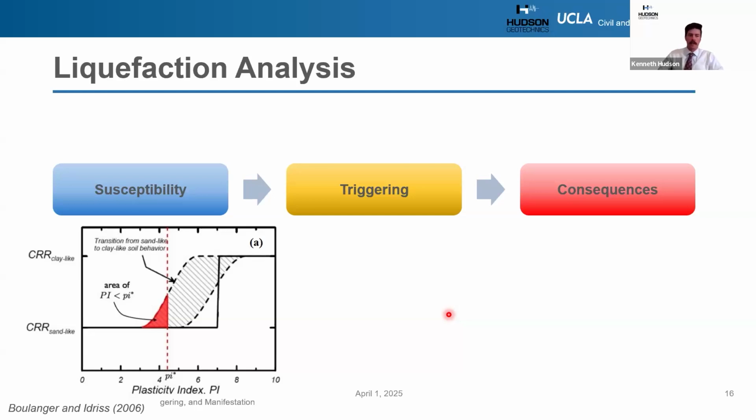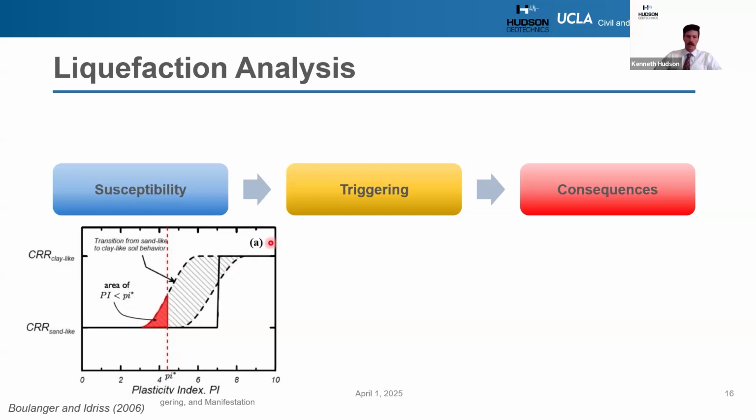And so you can see on this plot here, there's the CRR, cyclic resistance ratio, for a sand-like soil is down here for a low plasticity index. And then there's some transition zone. Sometimes it's thought of as binary with this solid black line, but more recently it's been thought of as a transition zone between sand-like and clay-like behavior, where you're transitioning from a silt to a clay, and the plasticity is changing from low to high.